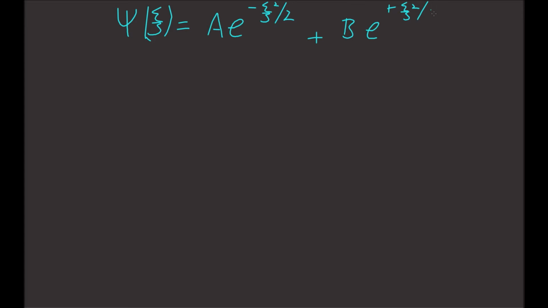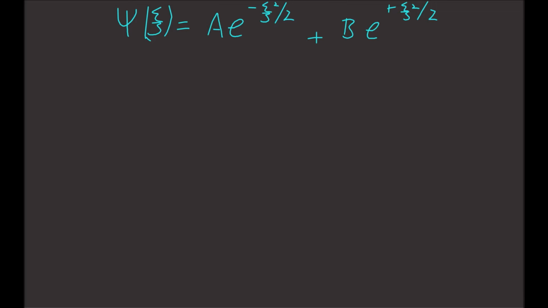Try it, okay? So psi of squiggly equals some constant a times exponential of minus squiggly squared divided by 2 plus some constant b times e to the positive squiggly squared over 2.